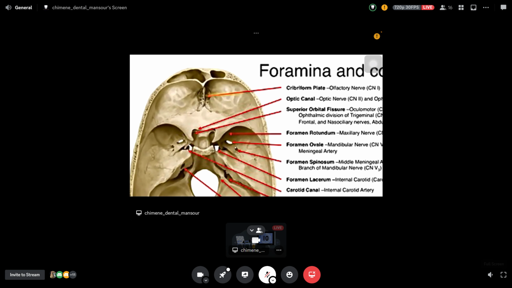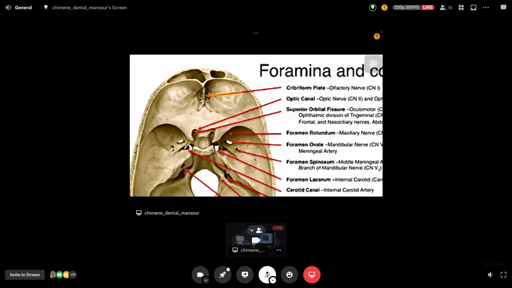In the superior view of the cranium, you have a great view of the frontal bone, the parietal bones, and a little bit of the occipital bone. Between the frontal bone and the parietal bone, we call it the coronal suture. Coronal means crown, in French, couronne.